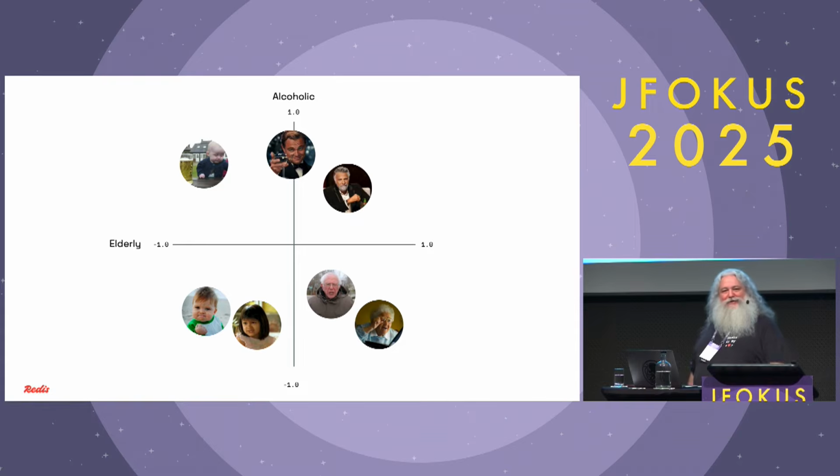And so he's clearly young, but also there's a lot of alcohol pictured in that image. And so we're plotting this out on a graph. And so you can think of these vectors, these embeddings that come out of these models as coordinates in a space. It's a hyperdimensional space. This is a representation of it.